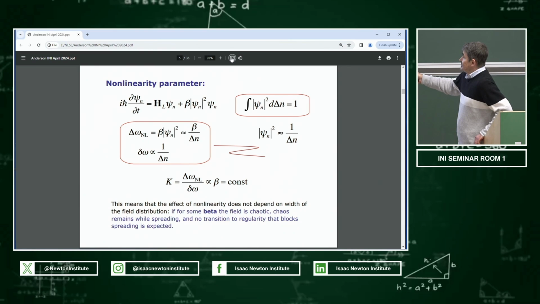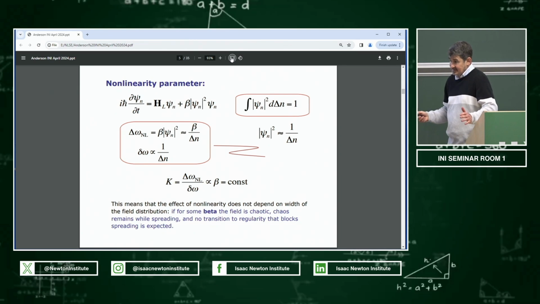From this normalization, if delta n is the number of states across which your nonlinear field is spread, then you normalize the wave function to delta n, and you get that roughly psi squared is 1 over delta n. So your nonlinear frequency shift goes as beta over delta n. And if your field is spread across delta n states, then the number of modes that are excited is also delta n. So the relative effect of nonlinearity over the number of modes excited doesn't depend on the width of field spreading.